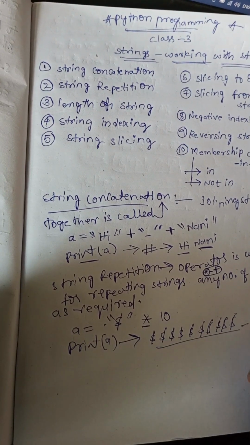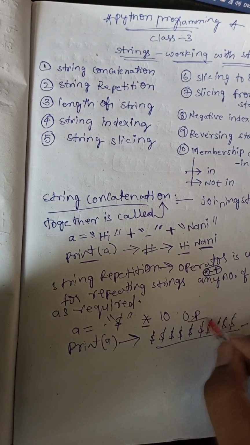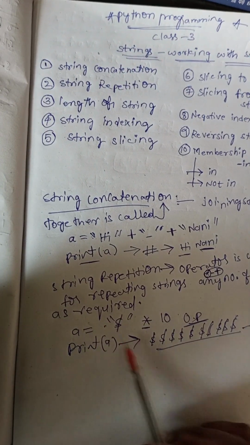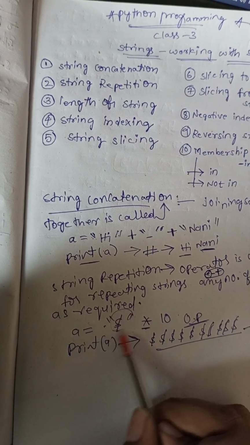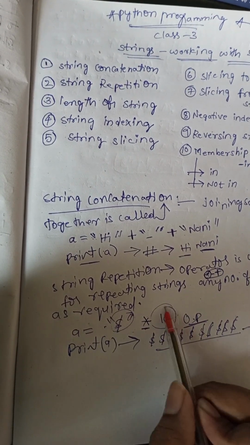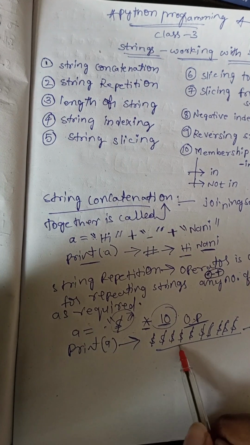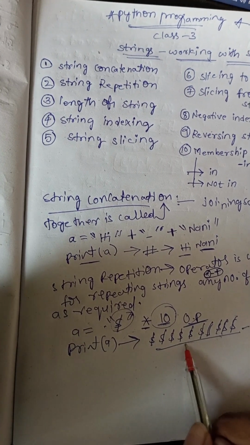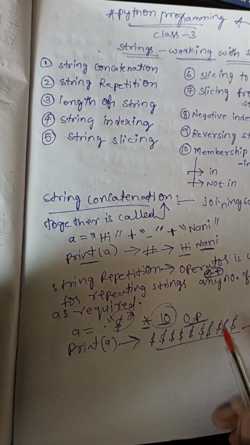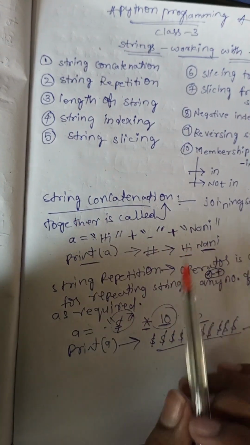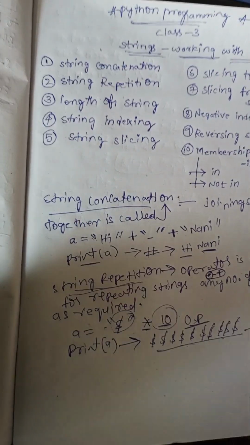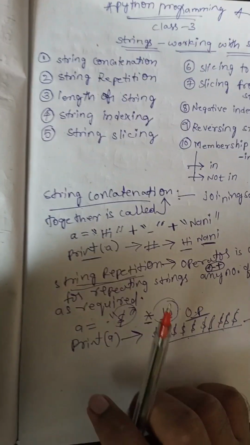Ten times the output should be. The dollar is multiplied by the operator value, 10 times, so the output is 10 times. This type of operation is known as string repetition. Okay.